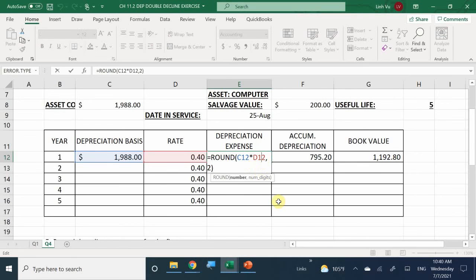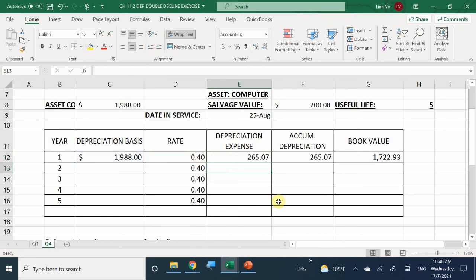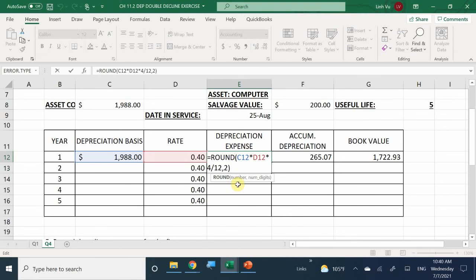It should be 265.06. Okay, you can round it. What was this formula again? 795.20 times 4 divided by 12? Correct. You can only depreciate it for so many months out of 12, depending on how many months you have left. That number could change.